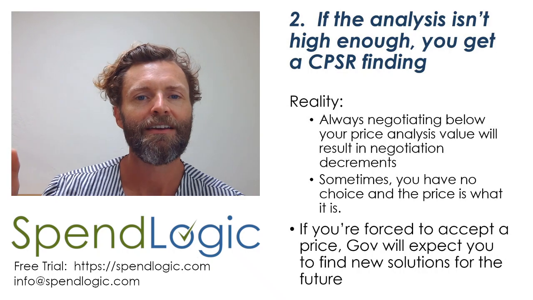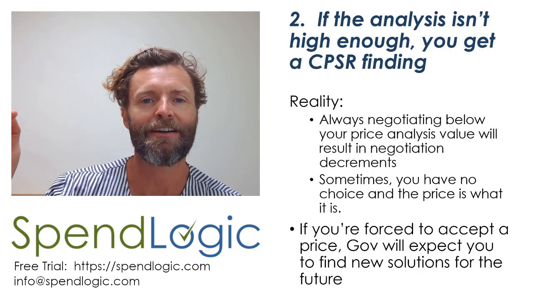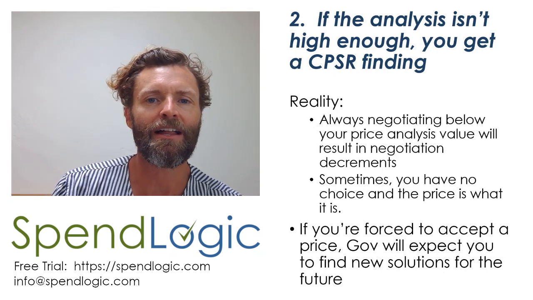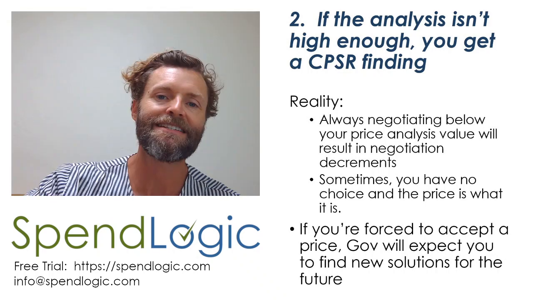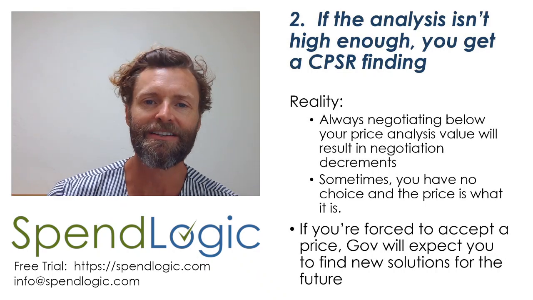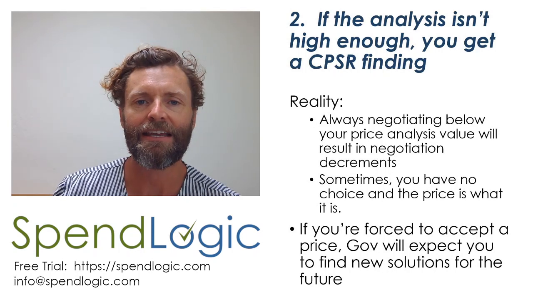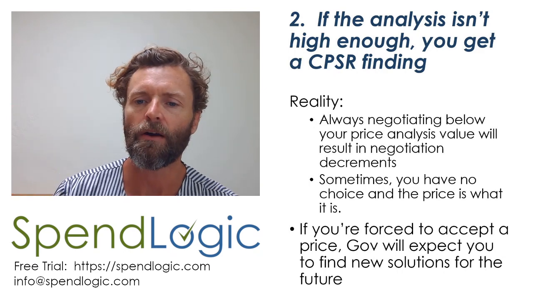And oftentimes, contracting officers will do just that. They will apply a negotiation decrement. They'll say, okay, well, you always negotiate lower than price analysis, so therefore I'm going to give you an offer, Mr. and Mrs. Prime, that is actually below price analysis value, because I know that you always negotiate under that anyways. So it works both ways, and you don't want to be consistently higher or consistently lower.